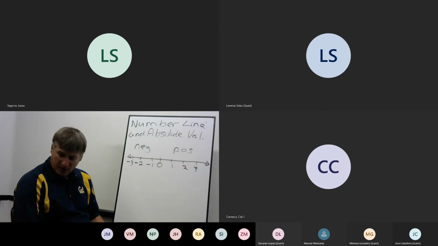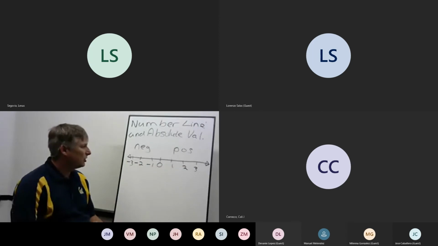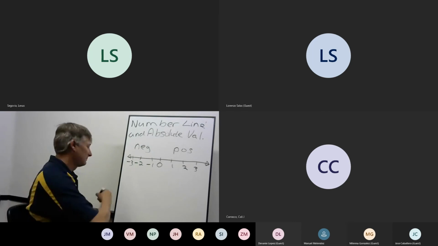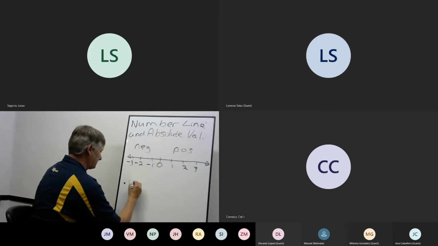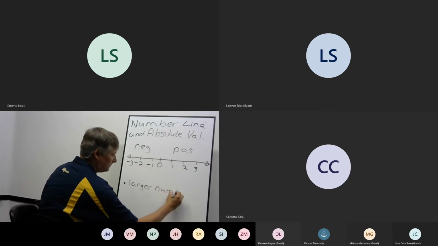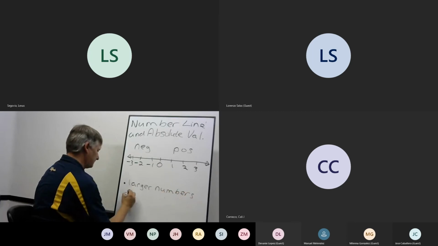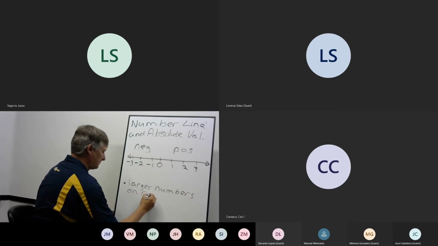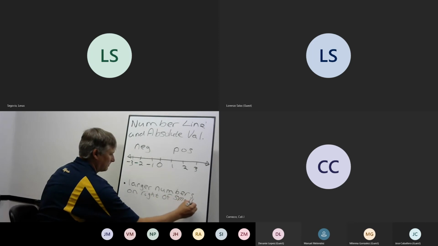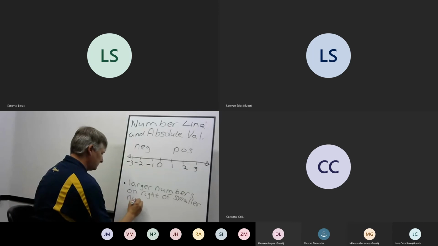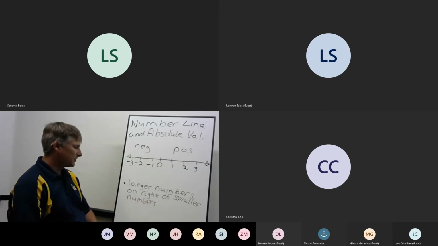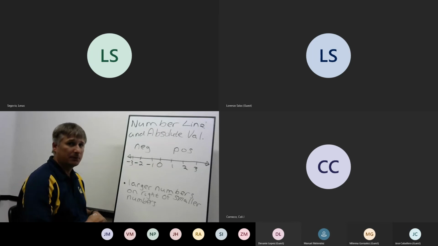Now, another property with the number line is that larger numbers are always on the right of smaller numbers.